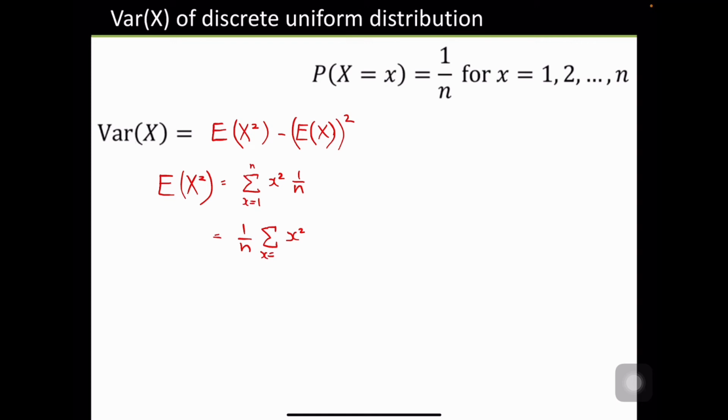Now again, from the sequences and series topic, we know, and actually this one appears in your exam formula booklet, the sum of all the x squared values is the same as 1 over 6 n multiplied by n plus 1 multiplied by 2n plus 1.